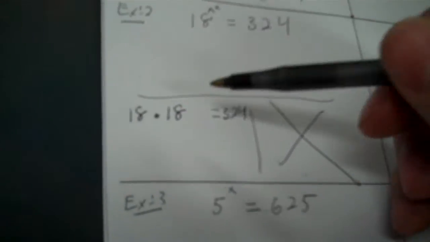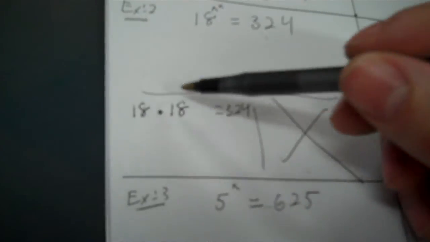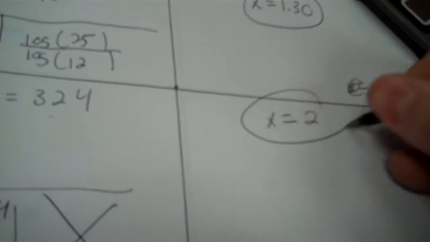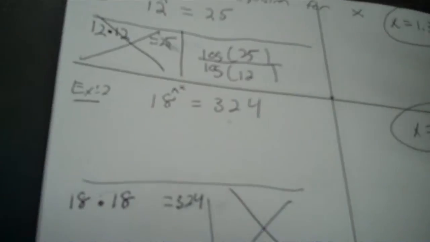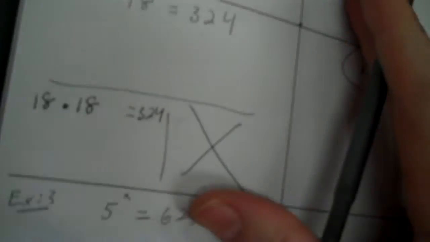So, 18, obviously that's not 324. Times 18, well, we need a calculator now. Okay, we have it. It's 324, so we're not going to mess around over here. How many 18s is that? 1, 2. So it'd be 18 to the second power equals 324. It's a nice round number.